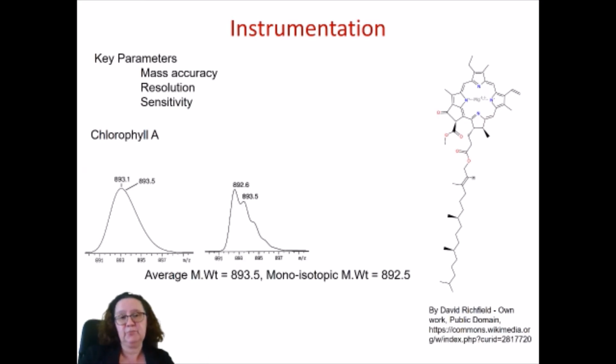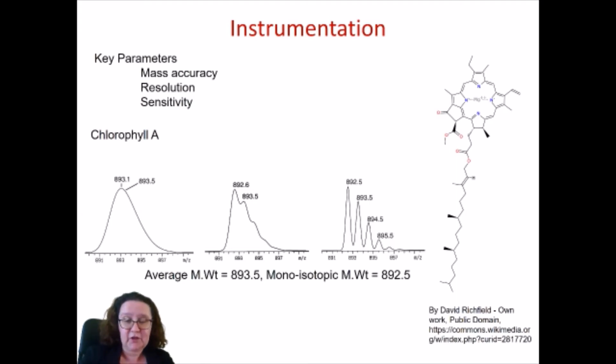With a better mass spectrometer, you can start getting a resolution of peaks. This is not only one big peak, it's actually a mixture of the different peaks produced by the different chlorophyll A molecules that you have in the sample, depending on the isotopes that make up that chlorophyll A. And if you have an even better mass spectrometer, then you can have a very, very good resolution of peaks.